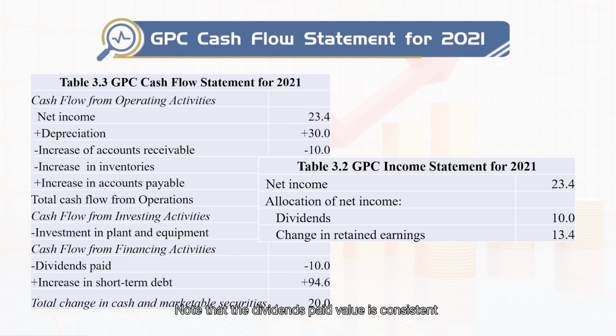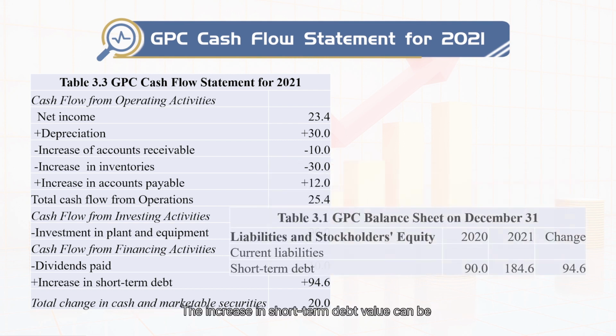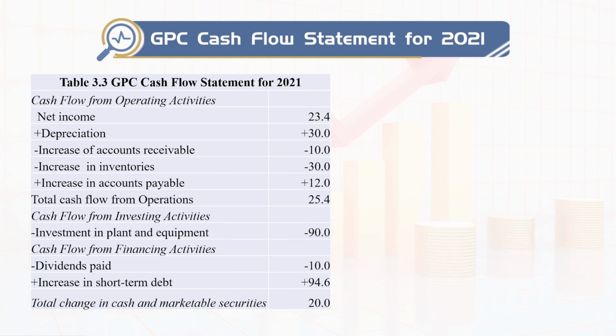Note that the dividends paid value is consistent with the dividend allocation of net income in the income statement. The increase in short-term debt value can be obtained from the difference of short-term debts between 2020 and 2021 in the balance sheet. The total cash flow is equal to the cash from operating activities plus cash from investing activities plus cash from financing activities.